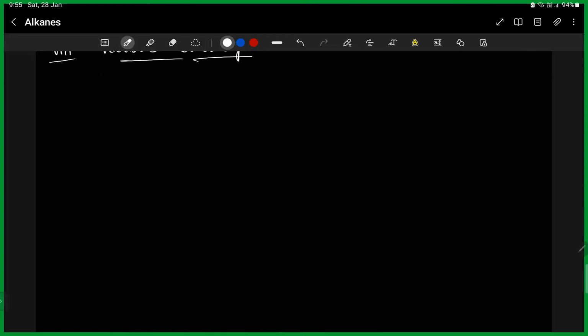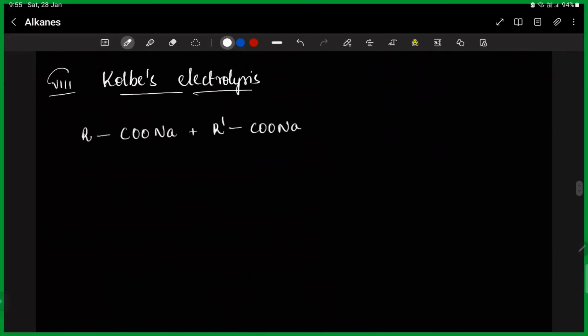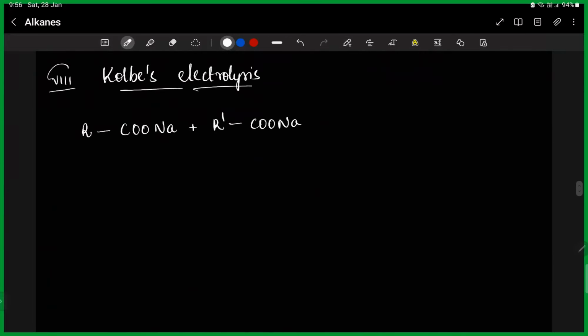Electrolysis: electro means electricity, lysis means breaking. So breaking in presence of electricity is called electrolysis. Now, you take the carboxylic salt of some alkane, RCOONa. When I take the sodium carboxylate, 2 moles, or if I take two different salts also, I have no problem. But better yield will be with 2 moles, as we have seen in many reactions before.